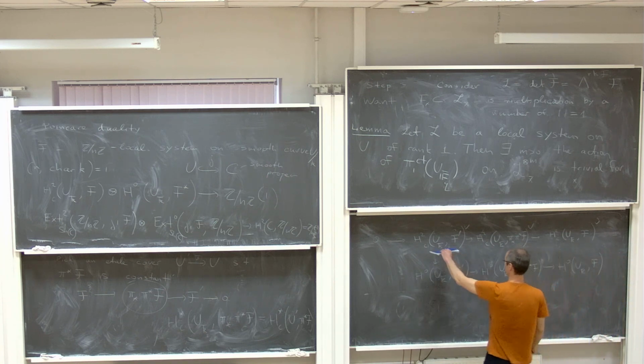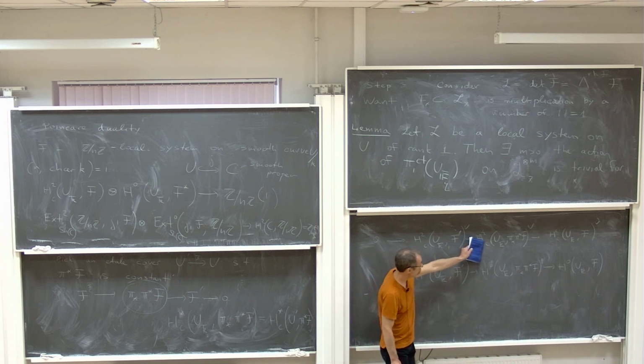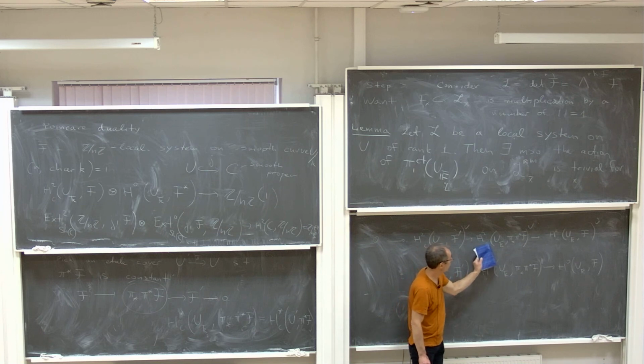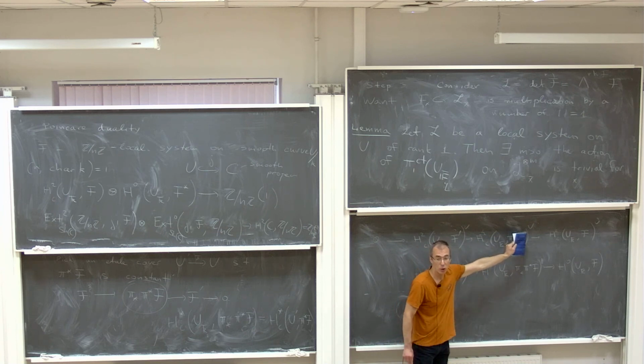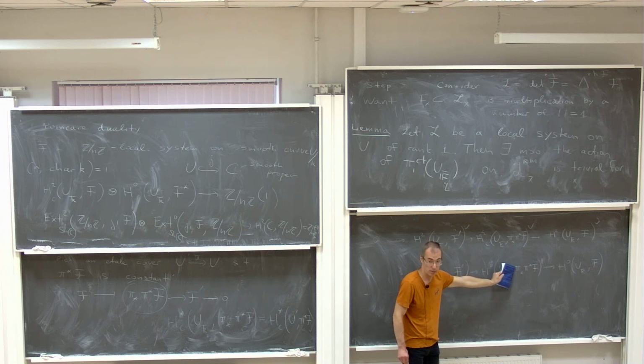So let's prove that this map here is an isomorphism. So this is cohomology of U' with constant coefficients, and the same is true here.